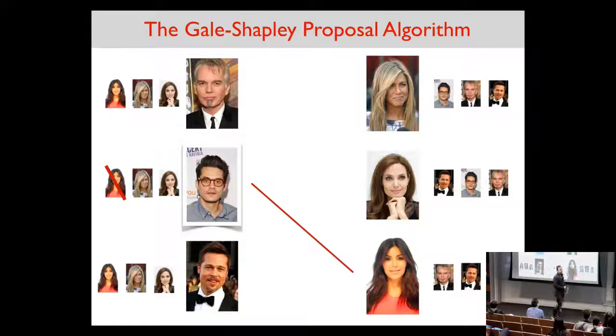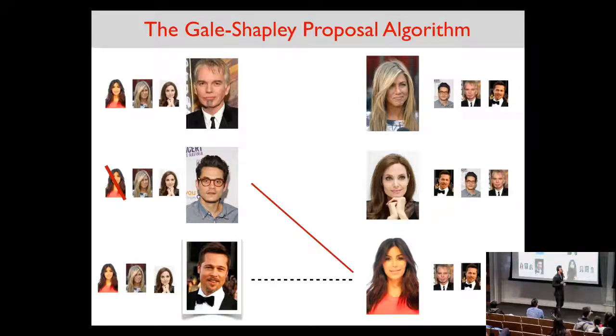That's one iteration of the algorithm. Now we go to the second iteration and just repeat the process. We pick, arbitrarily, some guy who's not currently matched. Let's say we pick Brad Pitt. Brad Pitt says, my first choice is Kim Kardashian, so I'm going to propose to her.